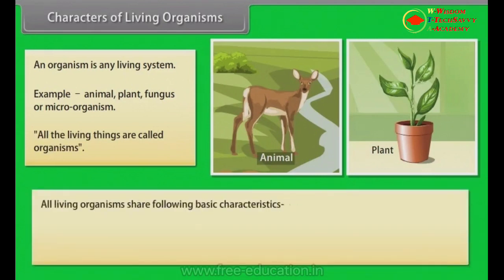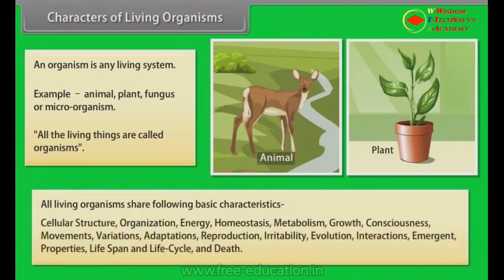All living organisms share following basic characteristics: cellular structure, organization, energy, homeostasis, metabolism, growth, consciousness, movements, variations, adaptations, reproduction, irritability, evolution, interactions, emergent properties, lifespan and life cycle, and death.